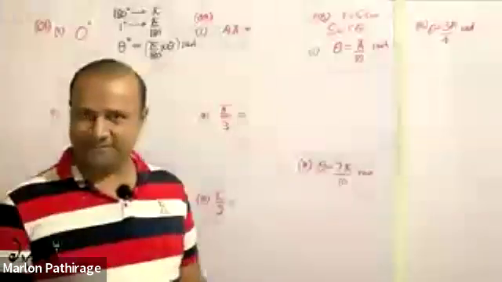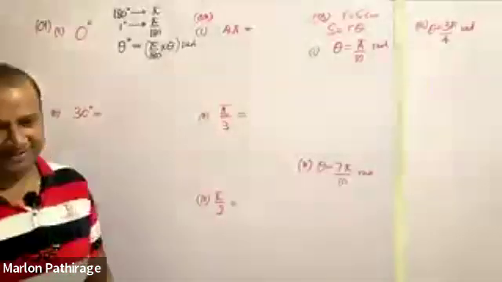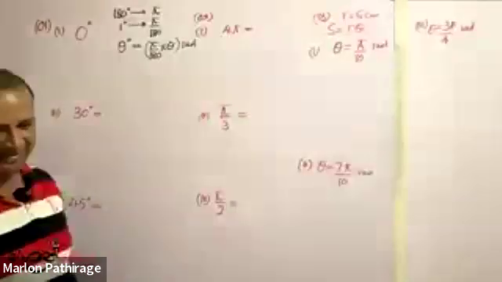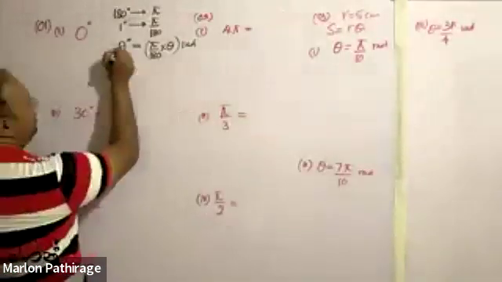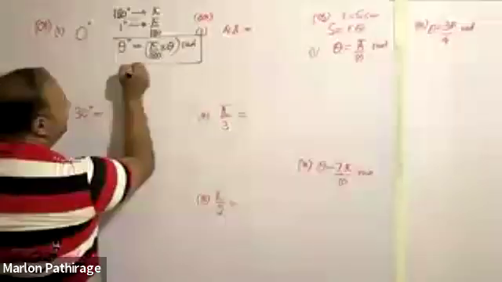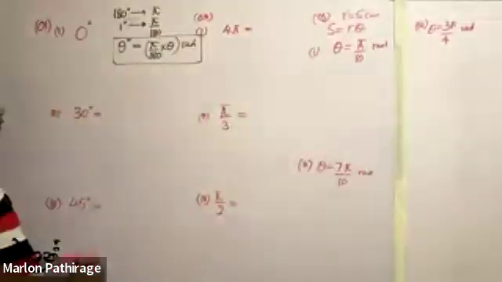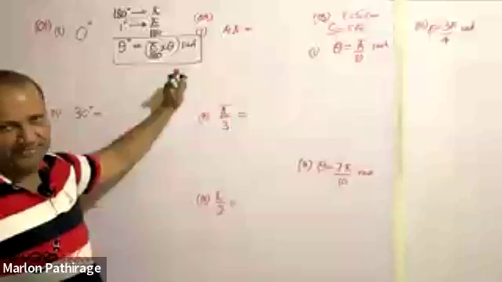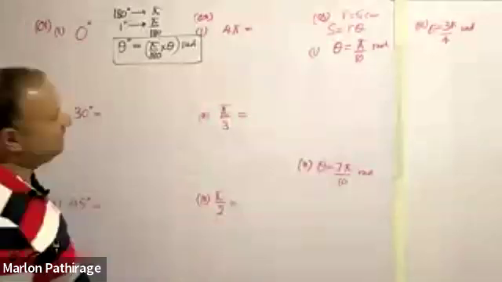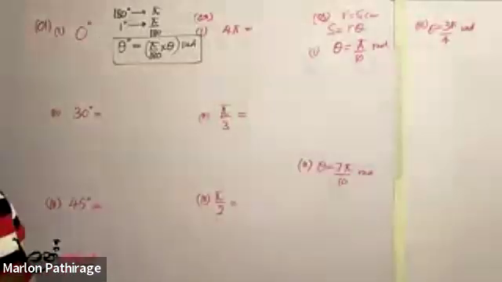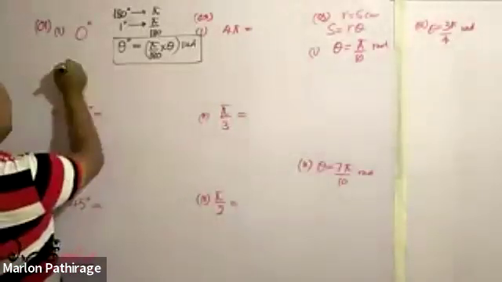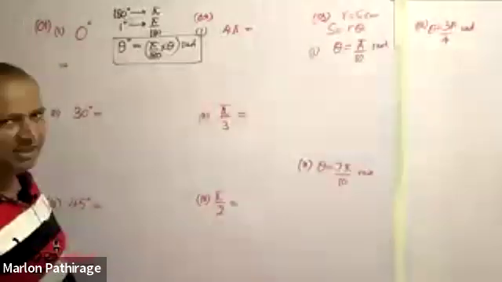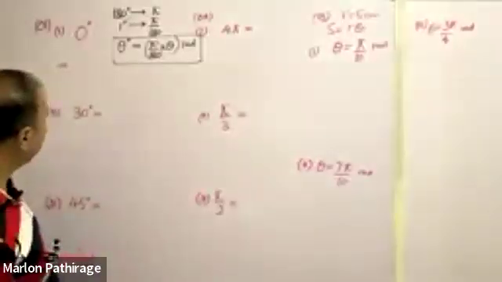Is that clear? Write this down. So this is the way of converting degrees to radians. The other way is next. Therefore, the answer for this one is 0, son. Theta 0 means it is 0. No need to convert it.